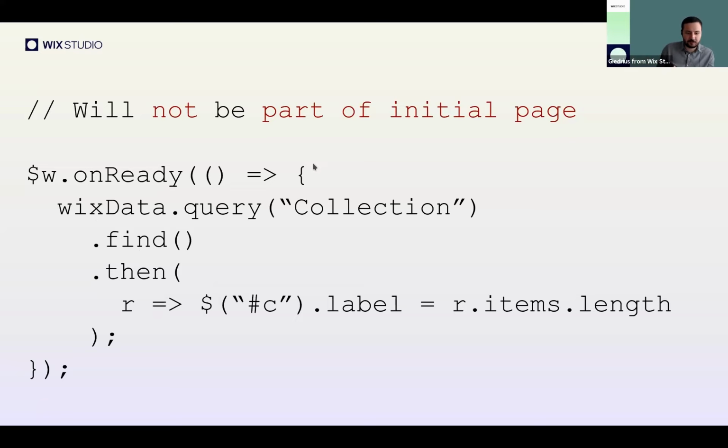Another trick is built into the data set. If you're in a dynamic page or another data set and you have code enabled in your site, you will actually have a checkbox that allows you to lazy load data, which does the same thing. It's saying, okay, don't wait for that data to be loaded to do the initial rendering of the page for the user.